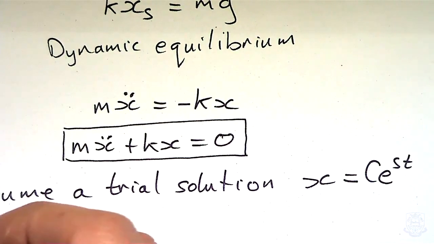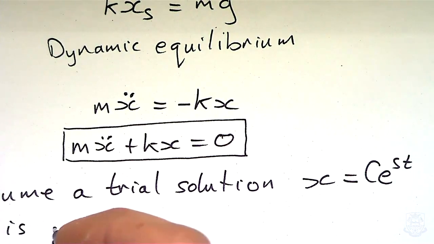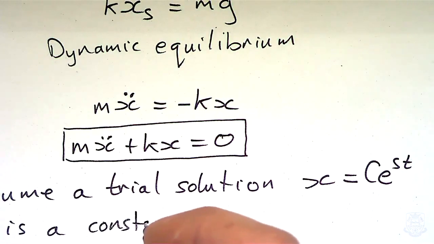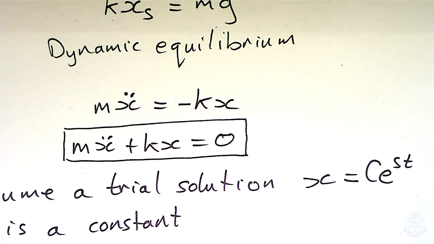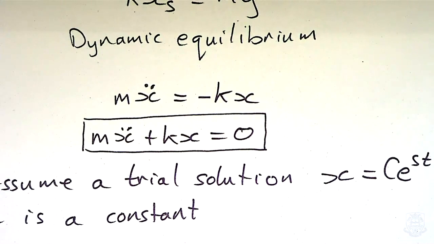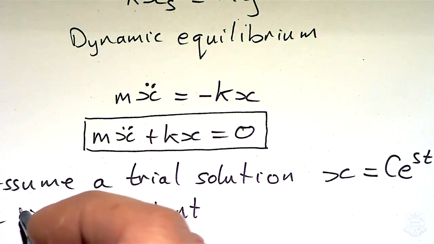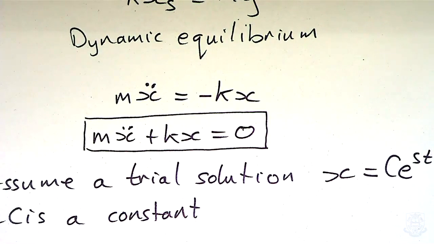So c is a constant. If you remember from last lecture, I said that we could represent sine waves as exponential terms, didn't we?